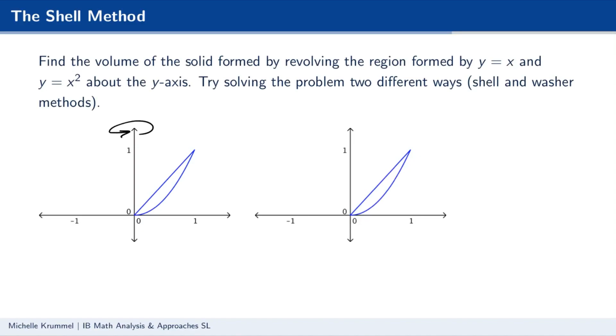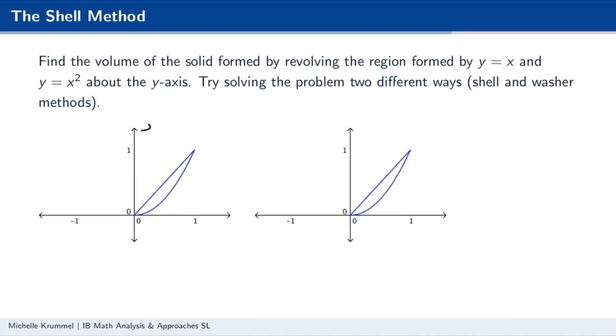Y-axis, so there's our axis of rotation, and we want to keep in mind that the top function here is y equals x, and our bottom function here is y equals x squared. So that's true in both cases. We want to keep that in mind when we're doing our setup. So first, let's try this using shell method, and then we'll try it again using washer method and make sure we get the same answer both times.